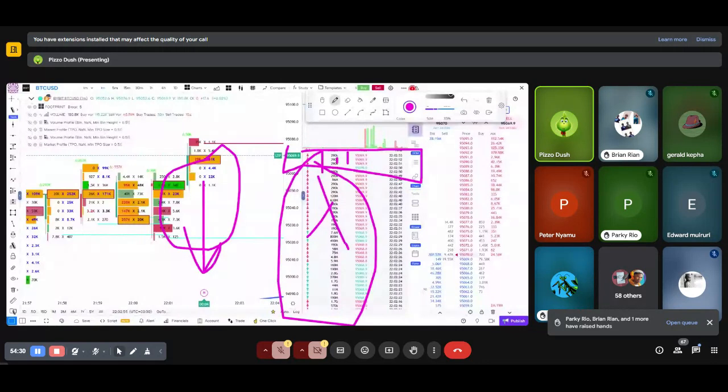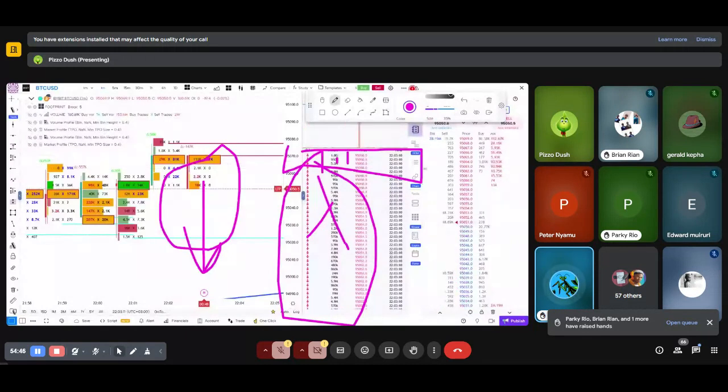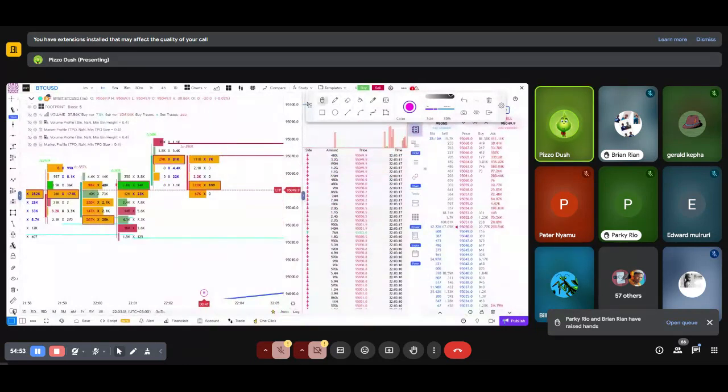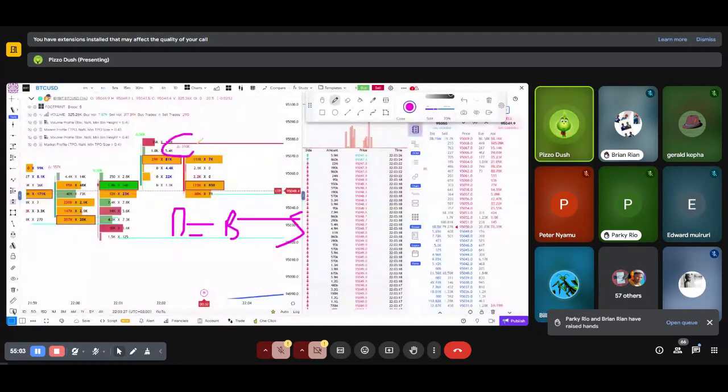I'm still having a problem between delta and volume because when you refer to delta and volume, I'm seeing you circling one up there. So I don't know which one is delta. I can't differentiate. So delta is the difference between buyers and sellers. So when you hear the term delta, delta equals buyers minus sellers. Up there, this one you see is the delta figures.